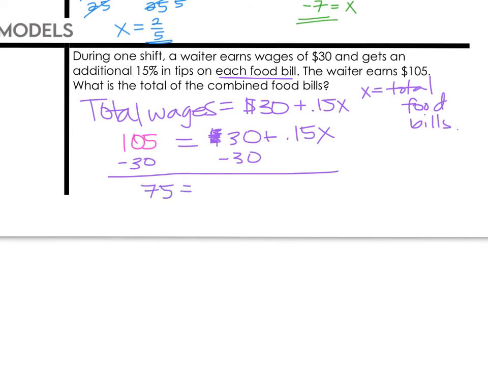On the right, that decimal 0.15 is being multiplied to X, so we'll divide. If we take 75 divided by 0.15, we would get a total of $500. And that is the amount of food bills during that waiter's shift on a particular night.